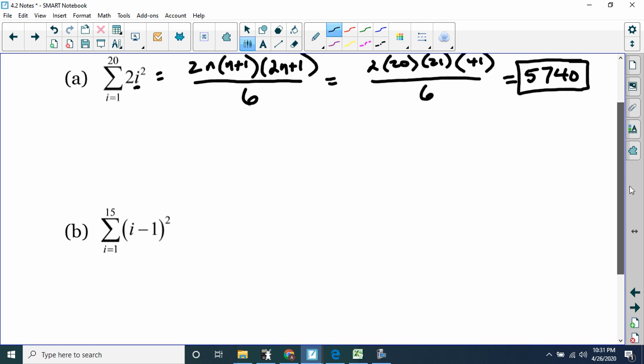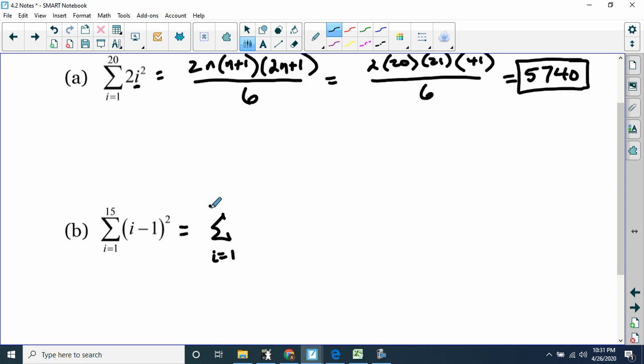Part B asks for the sum as I goes from 1 to 15 of I minus 1 squared. So we're going to need to expand I minus 1 squared. If we square that binomial, we should get I squared minus 2i plus 1.